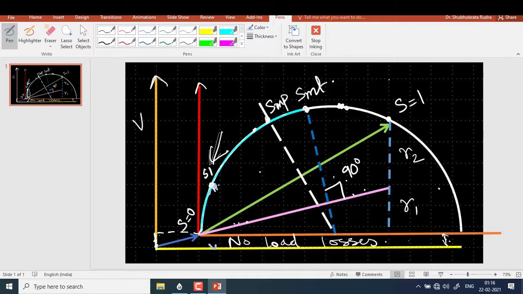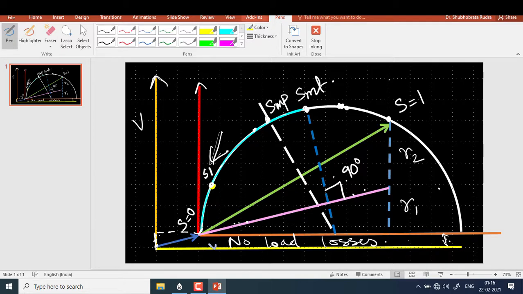What is the value of torque? The torque value is the line till this pink line. This will give you the value of torque in synchronous watt. Obviously you need to divide this synchronous watt by your speed to figure out the torque in Newton meter. Now what is the value of current?